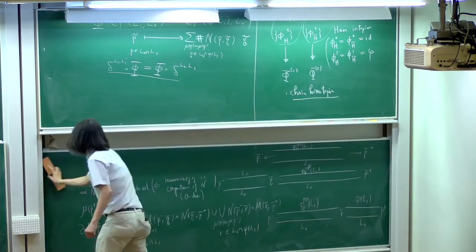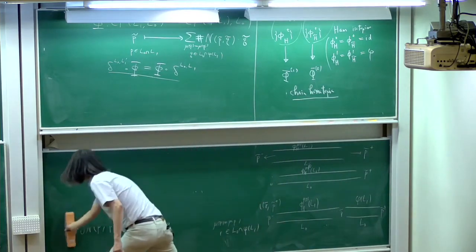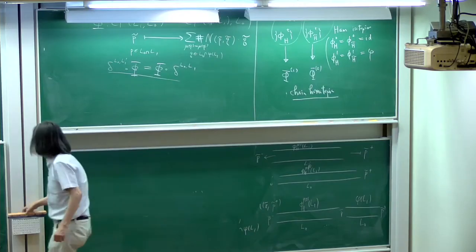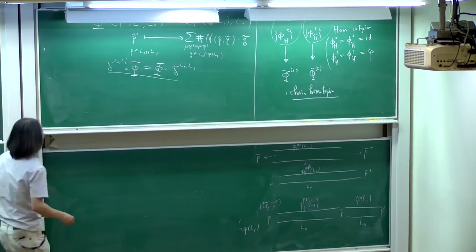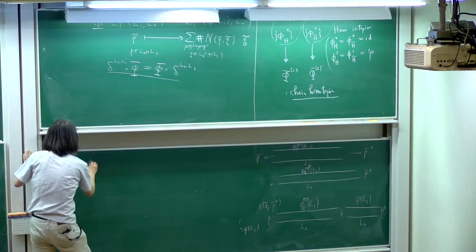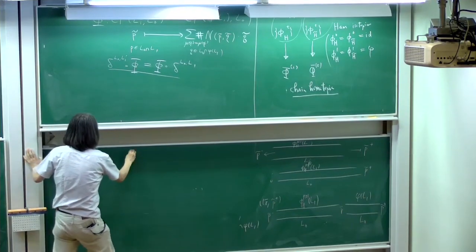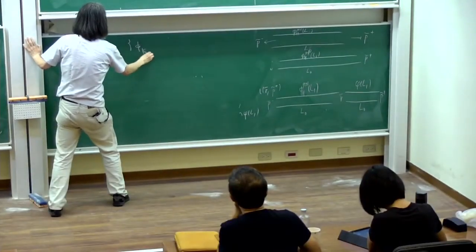Another thing is that you may have a concatenation of two Hamiltonian isotopies. So here you have phi h t, and then you have phi of k of t.